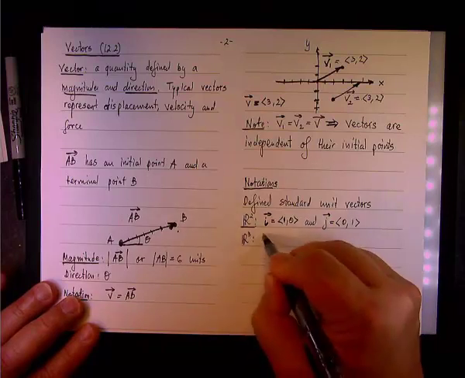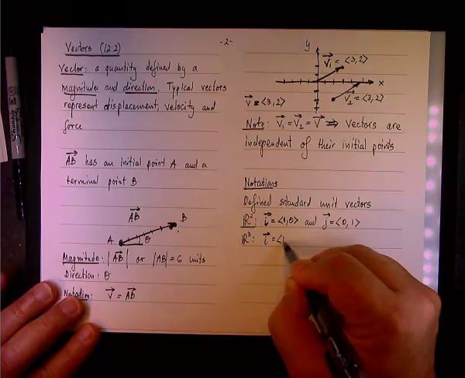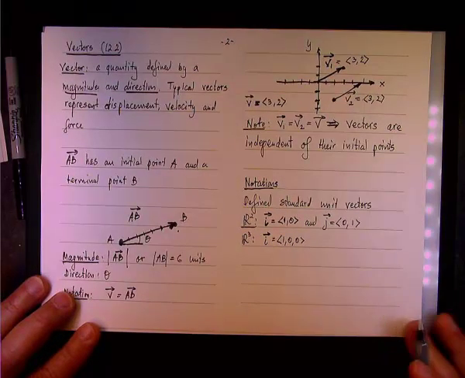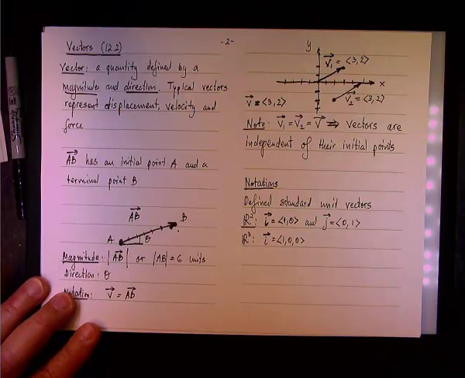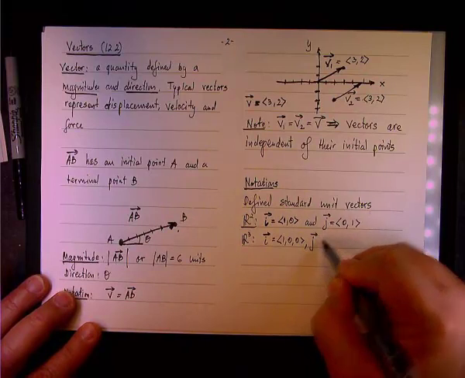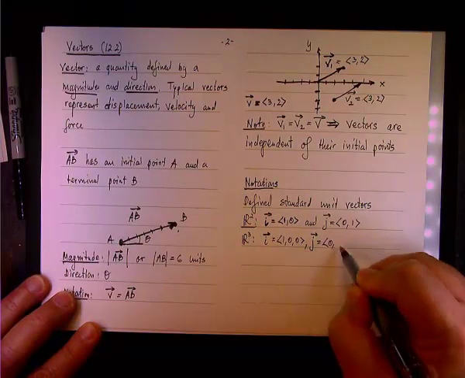And j, likewise, has a 0 x component and 1 y component. In R3, we'll have i that is 1, 0, 0.